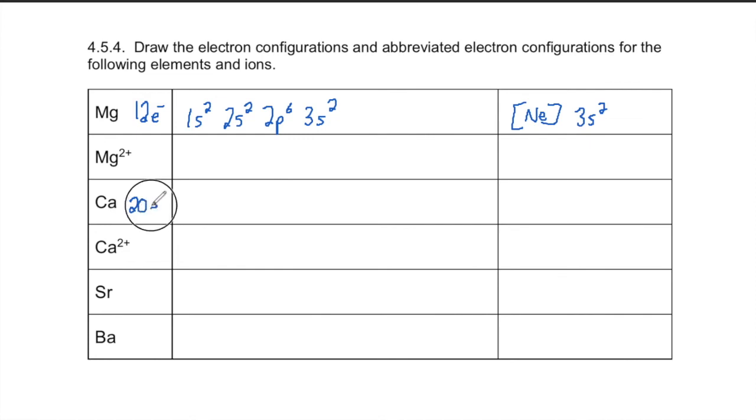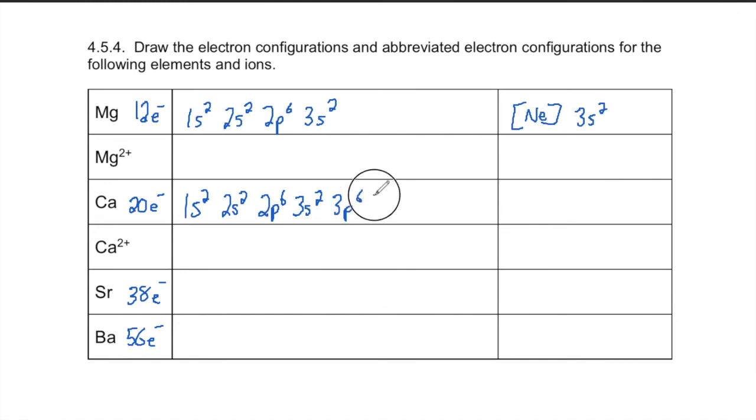Calcium has 20 electrons, strontium has 38 electrons, and barium has 56 electrons. I'm going to keep going until my superscripts add up to the number of electrons that I have to find spots for. And I'm using the order that we talked about for the order that the orbitals fill in.